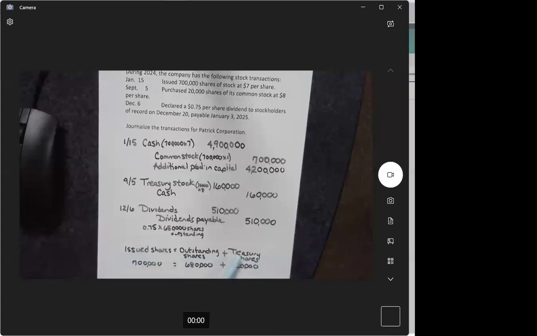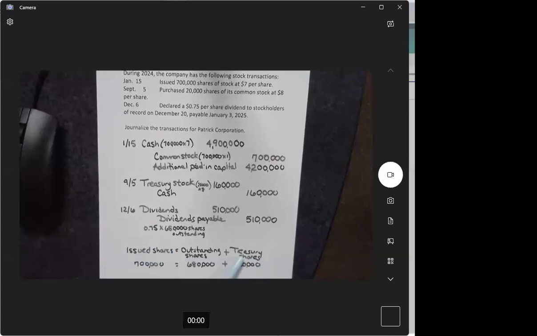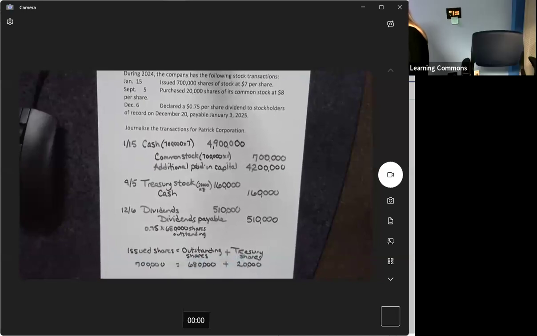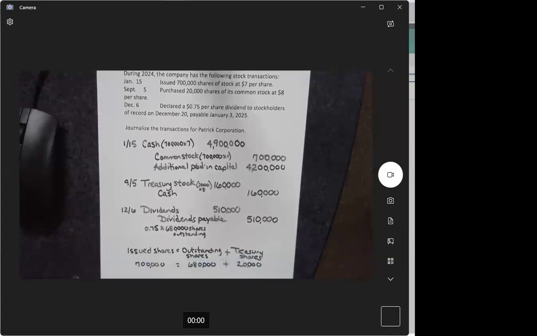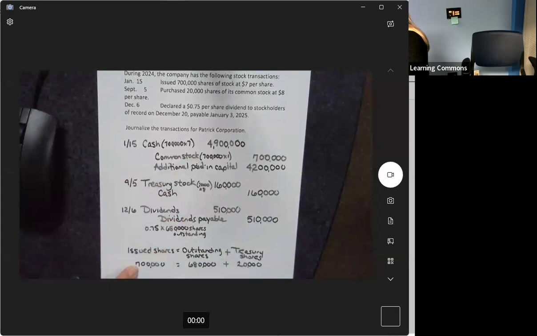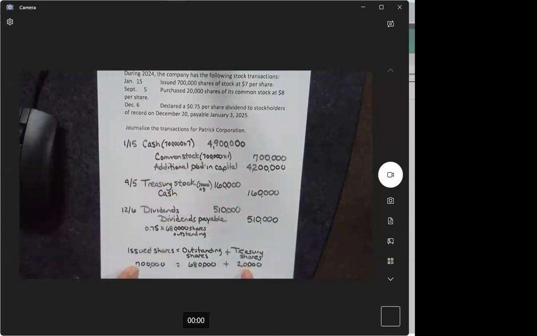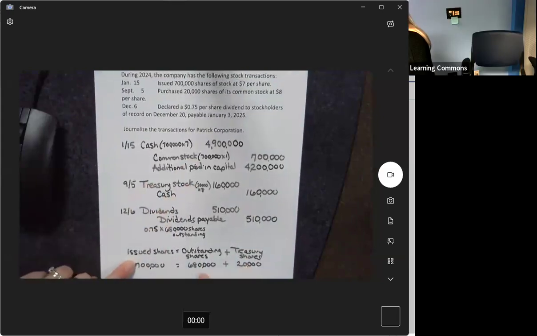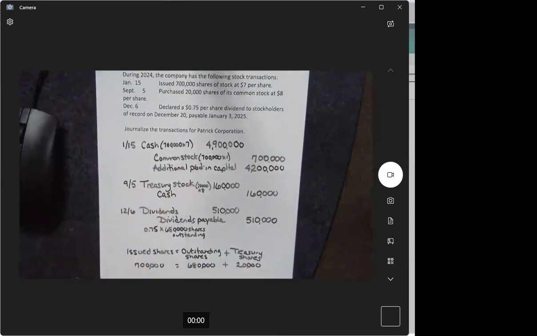So anytime a company has bought back some of their own stock, the treasury shares reduce the number of shares that are outstanding. Because in this case, remember, we started by issuing 700,000 shares of stock. But if we then bought back 20,000 shares, there's only 680,000 shares outstanding.